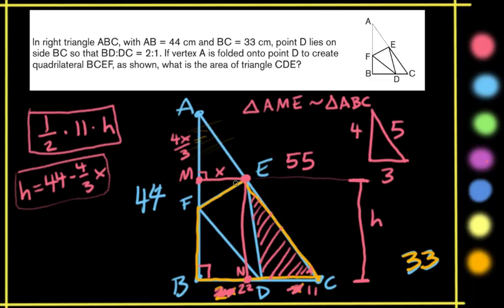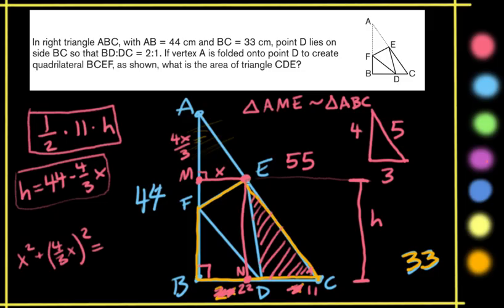Let's write the equation for this one. This will be x squared plus 4/3 x squared, and that's going to be equal to this distance squared.